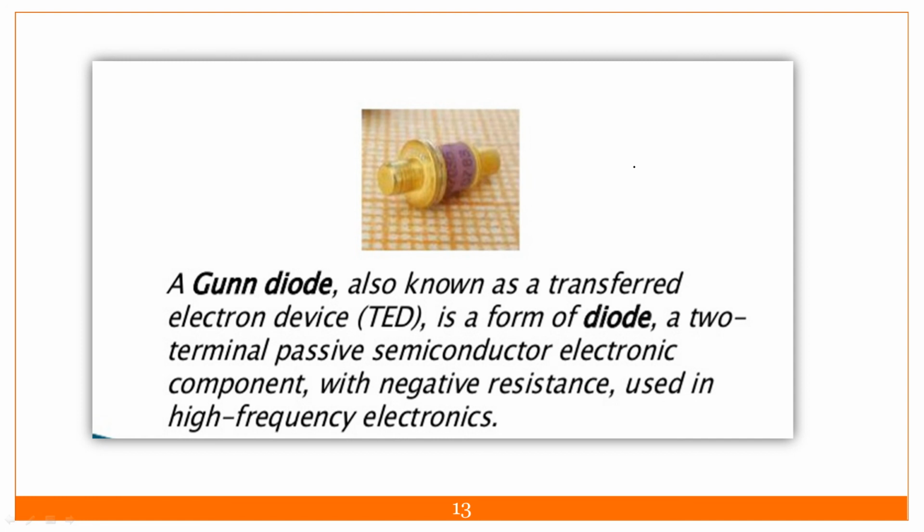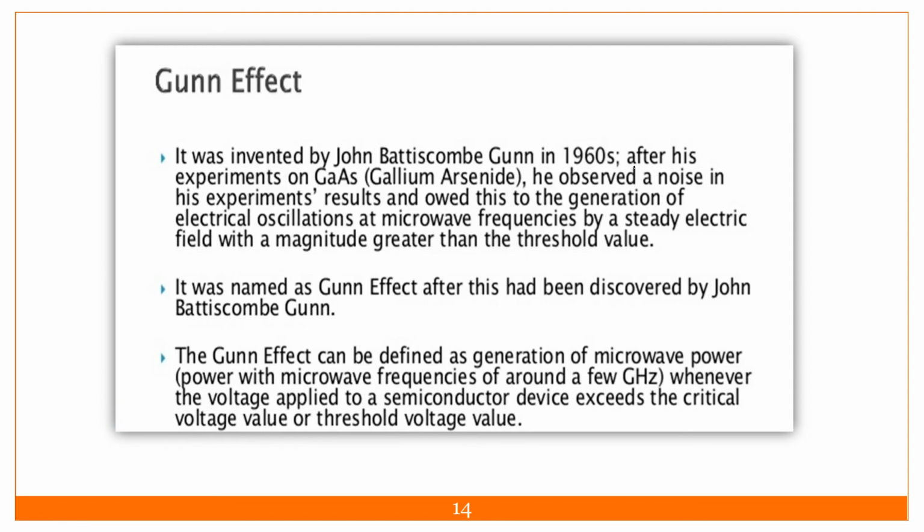So what exactly is the GUNN effect? It was invented by John Gunn in 1960 after an experiment on GaAs, gallium arsenide. He observed noise in his experiment result and attributed it to the generation of electric oscillation at microwave frequency by a steady electric field with magnitude greater than the threshold voltage. What exactly is the threshold voltage?